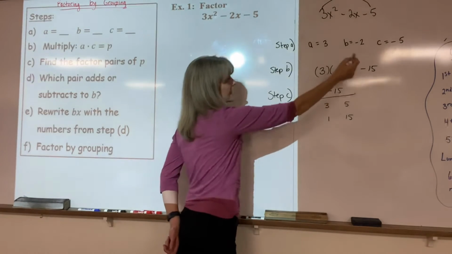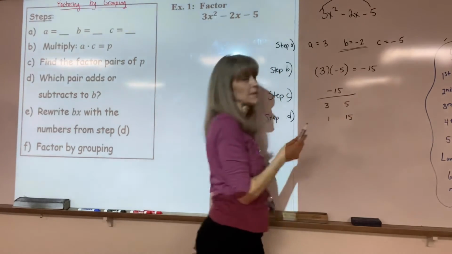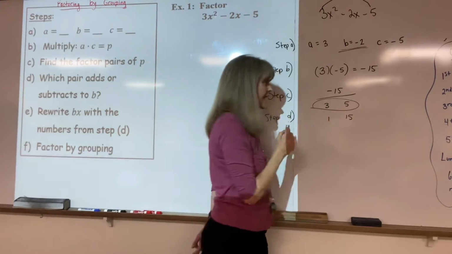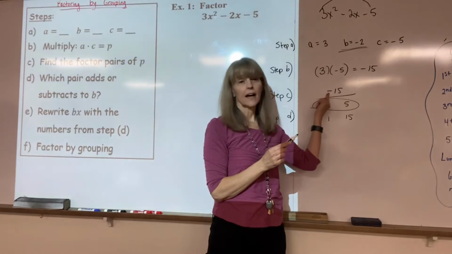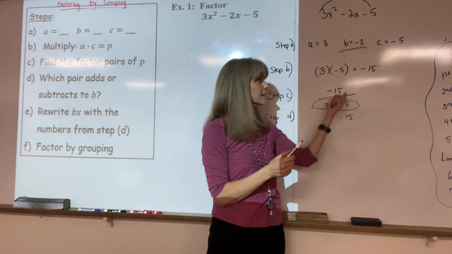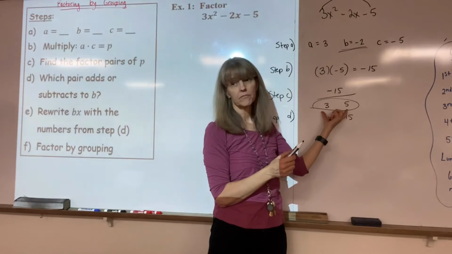Which ones could I get a -2 with by adding or subtracting? The 3 and 5. And then I have to decide, since I'm multiplying to a negative, I'll have one positive, one negative. Which one do I want positive in order to get a -2 when I add?